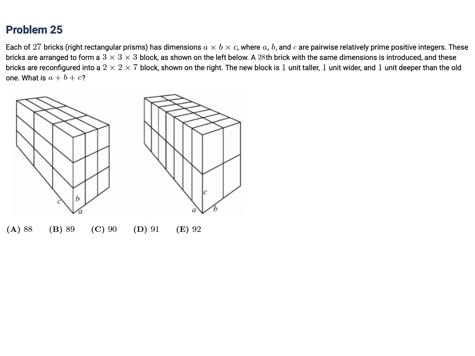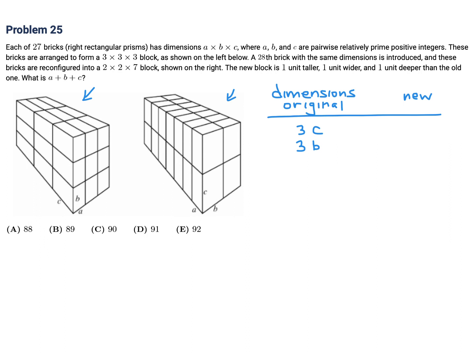Okay, so first let me try to understand this question. We have to find the dimensions of the original, which is this one right here, and then the dimensions for the new one. The dimensions for the original look like 3C, 3B, and 3A.